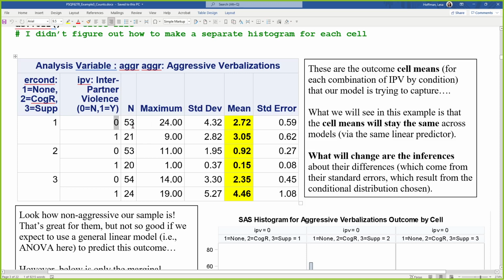But that creates an unbalance across cells in the number of people contributing, and thus the precision of the standard errors. The other part is look at the standard deviation within each cell and how different it is. So standard deviation ranges from a high of 5.24, meaning that the average person in this group is off from the mean by 5 on average, versus the average person in this group is off from the mean by 0.3. So this is like the definition of heterogeneity of variance across groups.